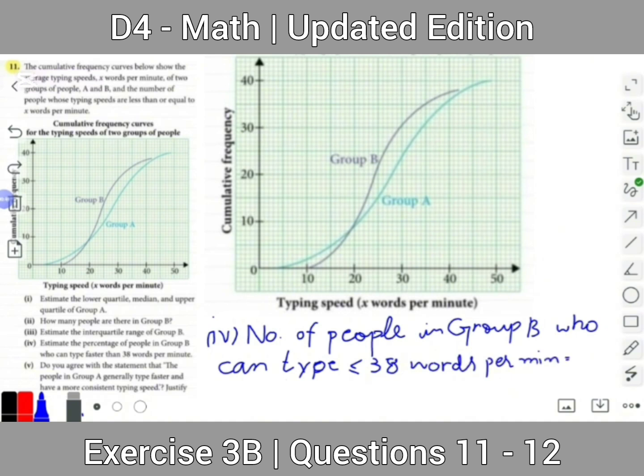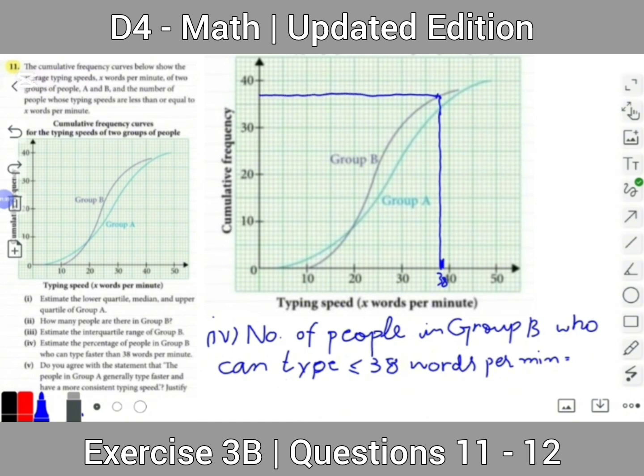Now from the x-axis we will locate the value 38, so where we have 38 somewhere here. Now from 38 we will draw a vertical line until it touches the curve representing group B. Now from the point of intersection on the curve we will draw a horizontal line until it touches the vertical axis.